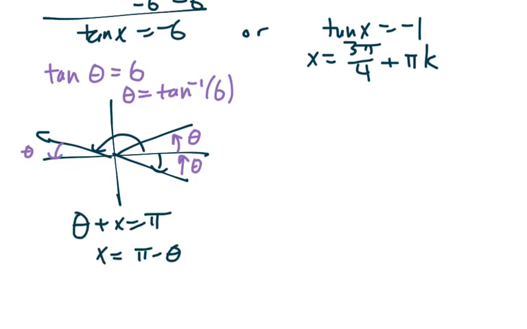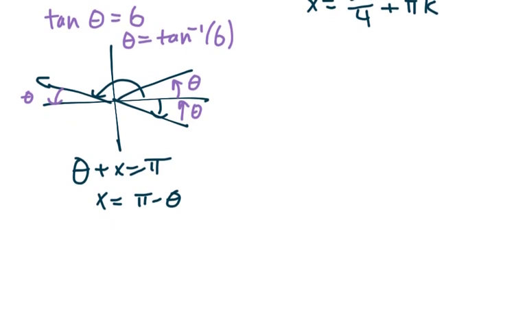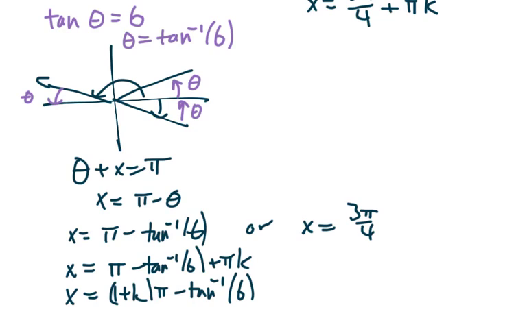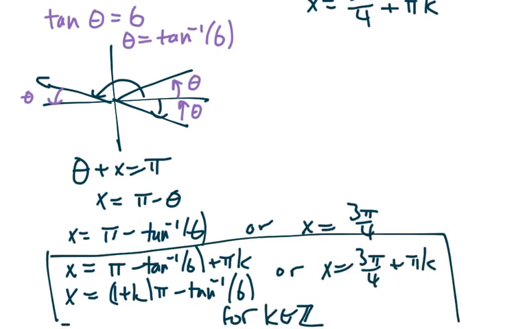This gives us our formula for the reference angle in quadrant 2. So x is going to be pi minus tangent inverse of 6. And then to get all angles that are solutions with this reference angle, we'll say plus pi k. Again, because the period of tangent is just 1 pi, you say plus pi k. So here you have the two solutions between 0 and 2 pi, and here we have all solutions.